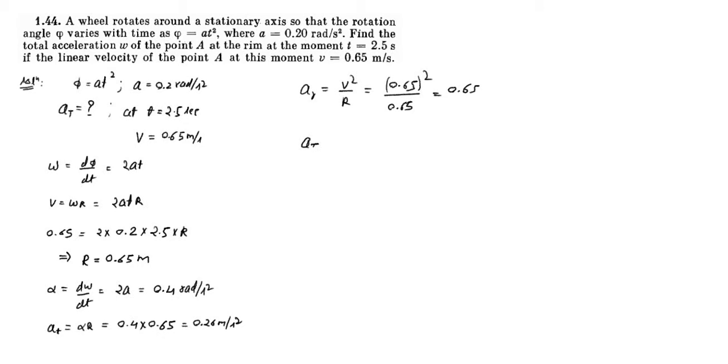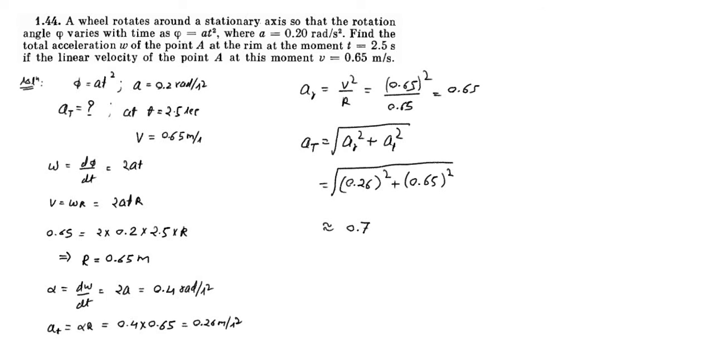Now the total acceleration will be equal to the square root of a radial square plus a tangential square, which is the square root of 0.26 whole square plus 0.65 whole square. And if we calculate it, its value will come close to 0.7 meter per second square. So this is the answer.